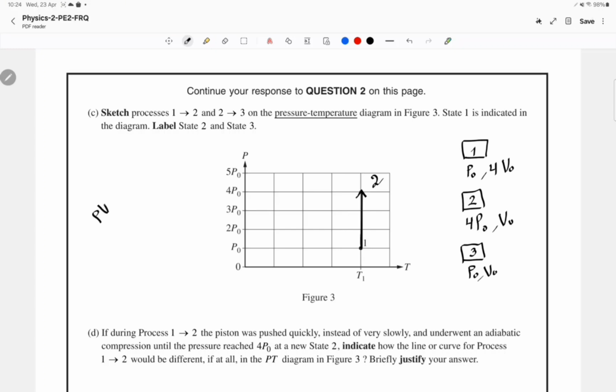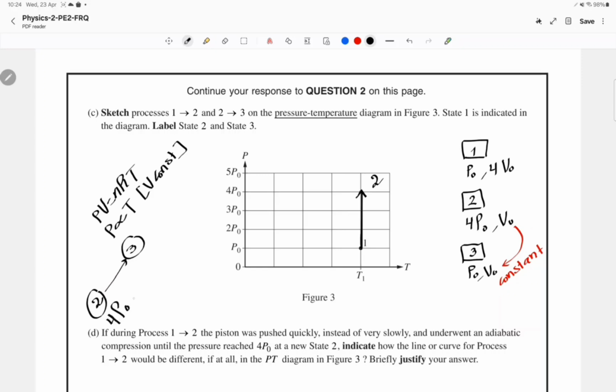Now we know that PV is equal to nRT, and the volume is constant. So P is directly proportional to temperature when the volume is constant. Meaning, as we go from state 2 to state 3, and the pressure goes from 4P0 to a single P0, that means our temperature has to drop by 4 times.